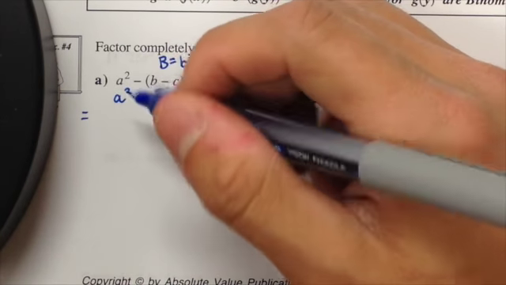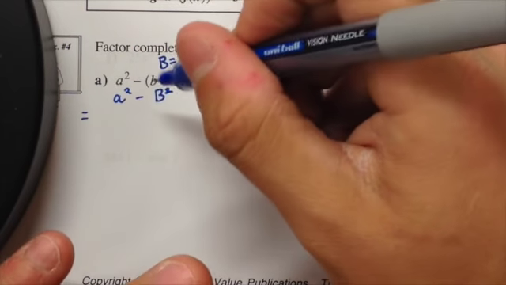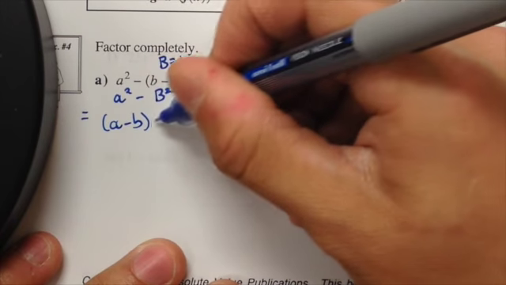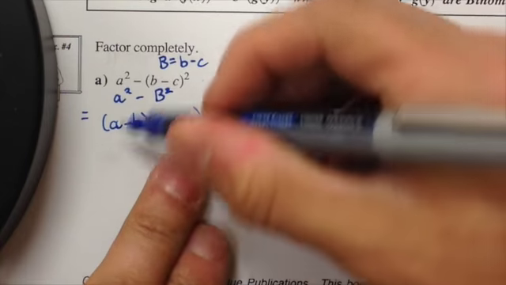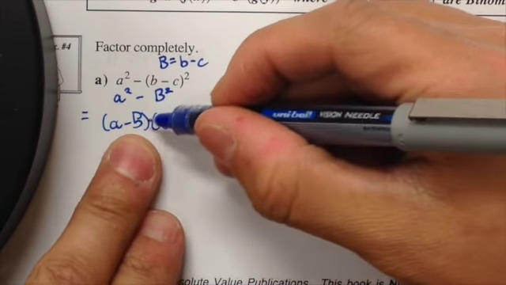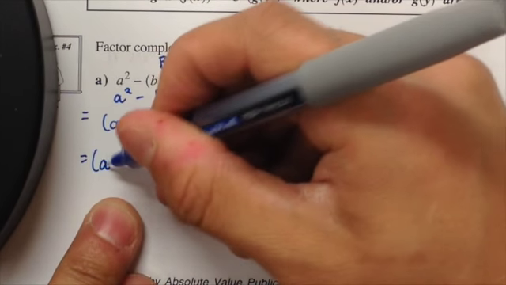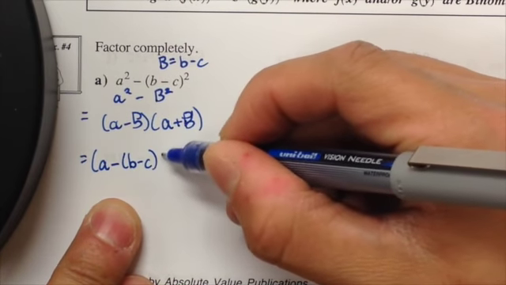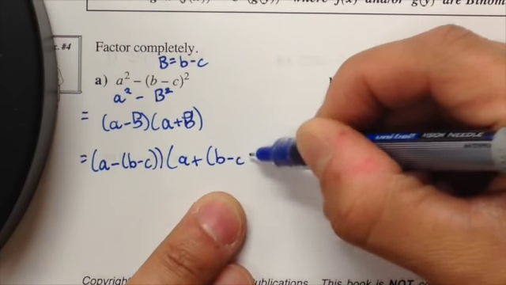That's a difference of squares, so it's going to be a minus B times a plus B. But we know these capital B's actually mean b minus c, so we reinsert them: a minus (b minus c) times a plus (b minus c).